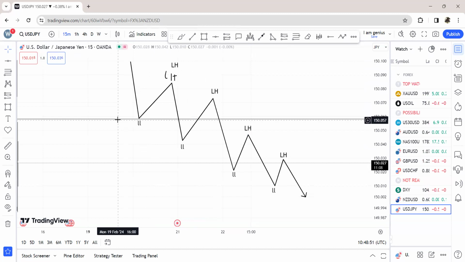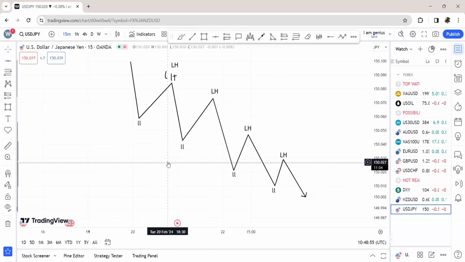If you've noticed, I'm not drawing straight lines there. Why? Because I understand that it's not a specific line that you can see, it's an area.